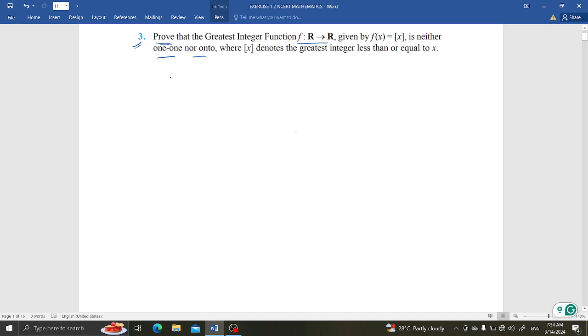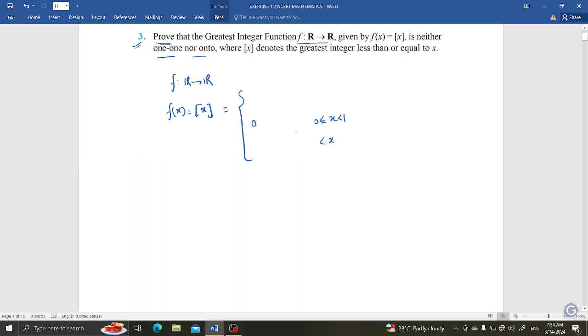So here we have a function from R to R. It is defined, and f of x is the greatest integer of x. How can we define it? If x is between 0 and 1, it will provide the value 0.